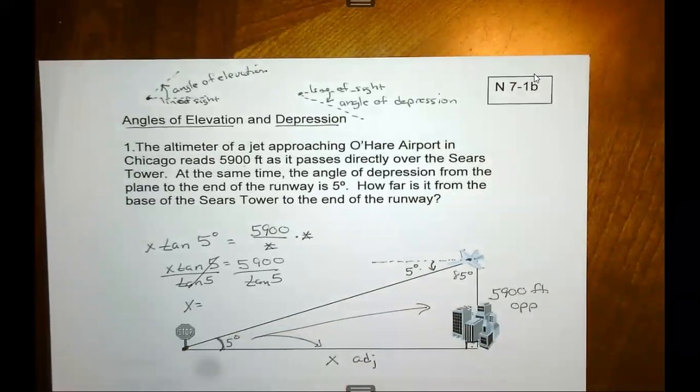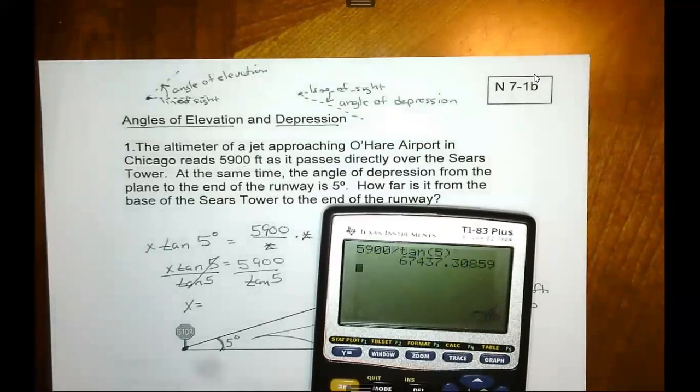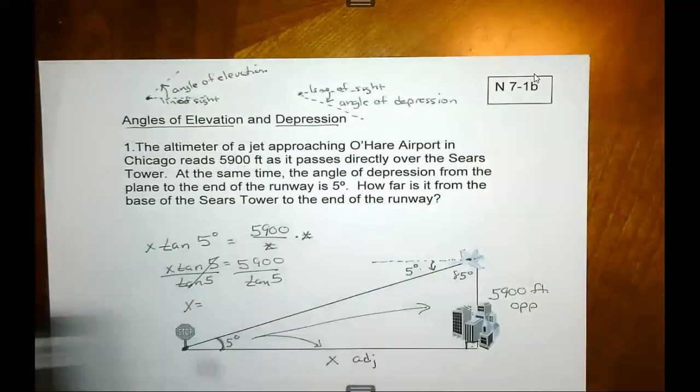All right, so break out your calculator. We're going to type that in. So we have 5,900 divided by tangent of 5 degrees. 67,437.309.